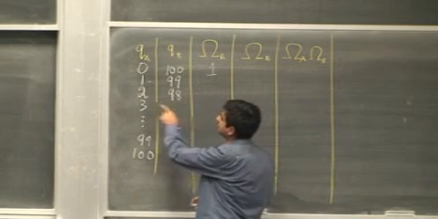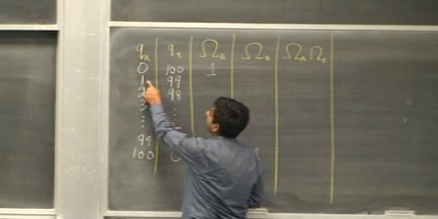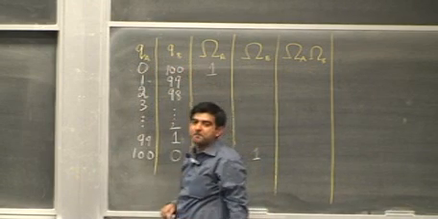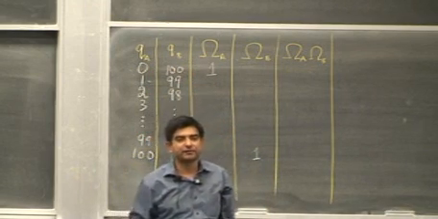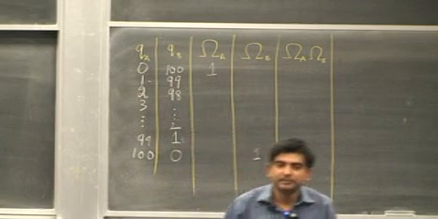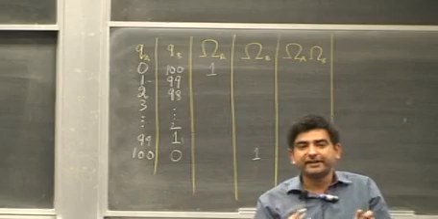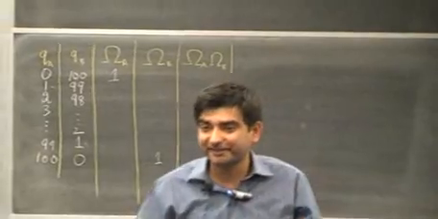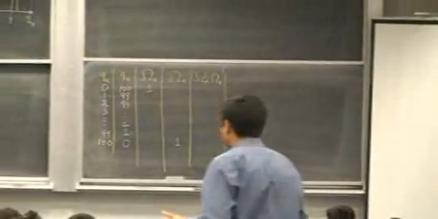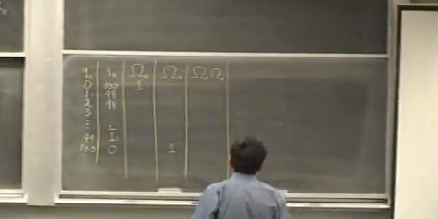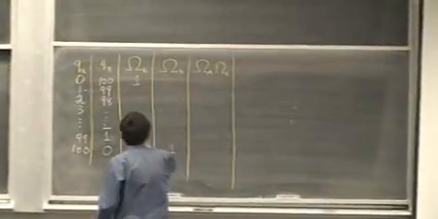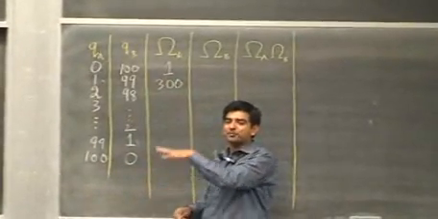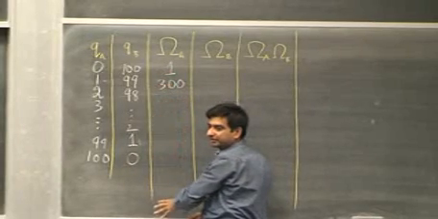So another question I would like to ask, if I have 1 quantum in A, what will be the value of omega A? 3? I have one quantum arranged in 100 atoms, which means 300 oscillators. How many ways are there? 300 ways. So these rows are easy to fill.